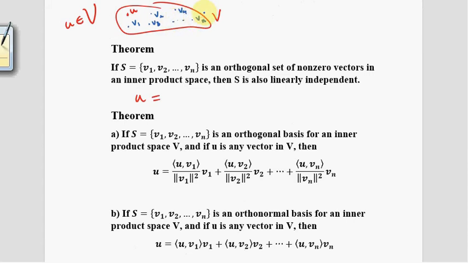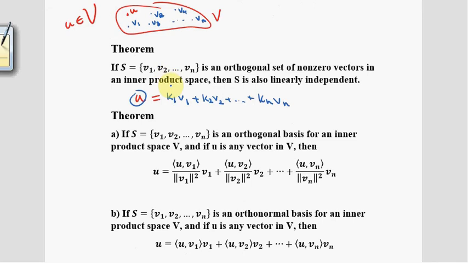So I can write U as a linear combination of these given vectors in the vector space. Now, what I have here is some K sub 1 times V sub 1 plus K sub 2 times V sub 2 plus, and so on, plus K sub n times V sub n. We can write U as a linear combination of the given bases.